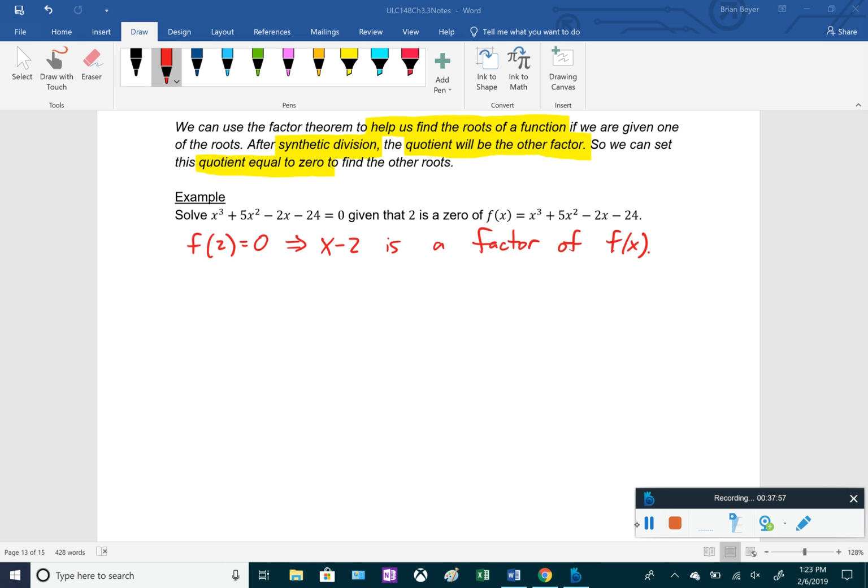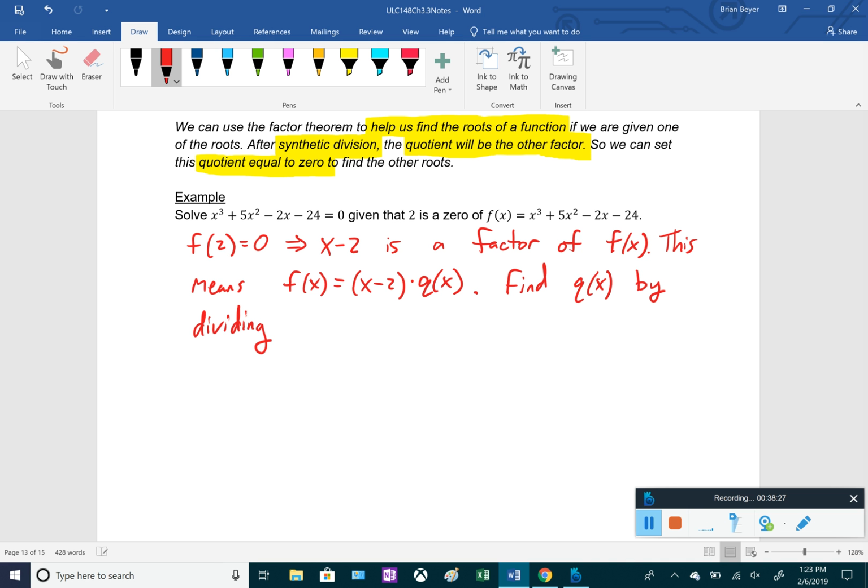And this means that function f of x can be written as x minus 2 times something else, which I'm going to call q of x. And we can find that q of x by dividing x minus 2 on both sides.